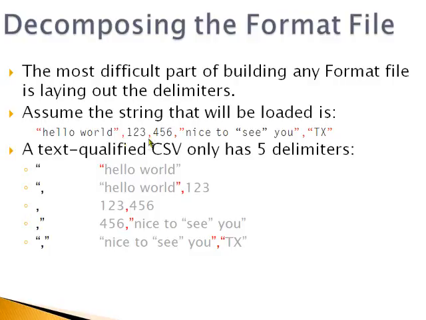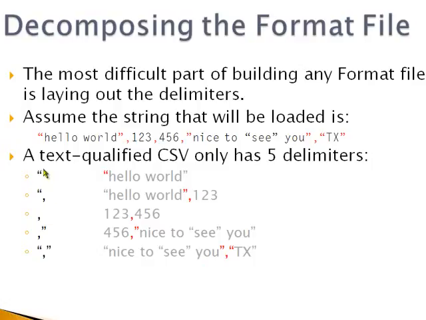You can then have a comma that separates the 1, 2, 3 from the 4, 5, 6. Then you have a comma and a quote that starts the next one, nice to see you. You can now have embedded quotes or commas in there. Close out your string with a quote, comma, quote. So really, there are only these delimiters: the quote, the comma and the quote, or the comma, quote.